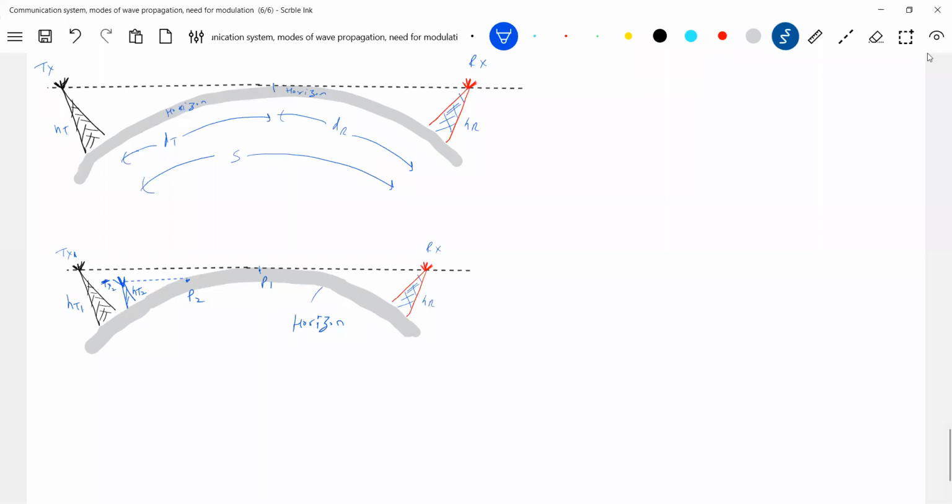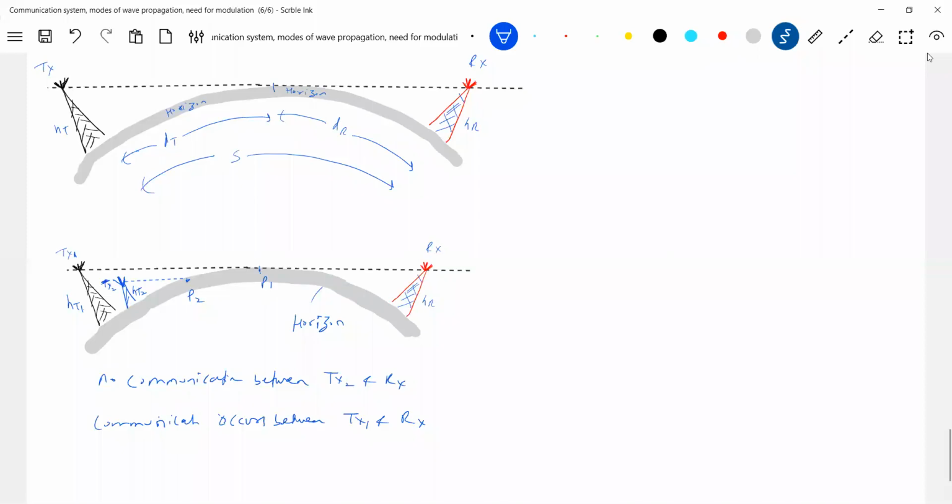So no communication between TX2 and RX. Communication is there, communication occurs between these. So we will put the restriction on the range.